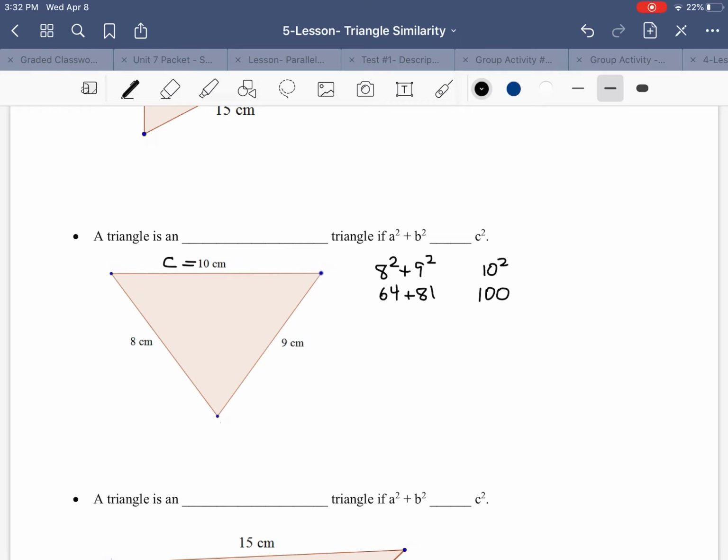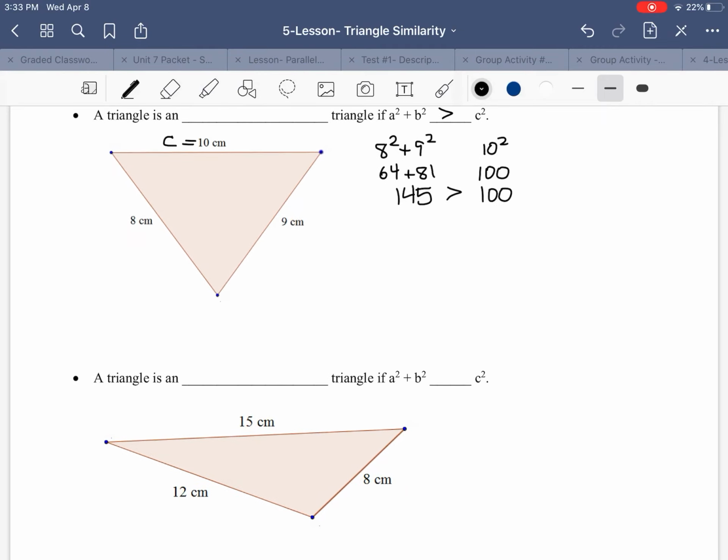All right. So that's that. Now I just need the quick sum of the two. So we are looking at 145 as compared to 100. So 145 is a value that's greater than 100.